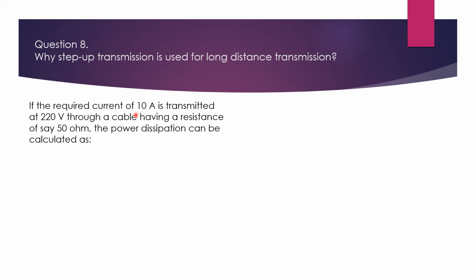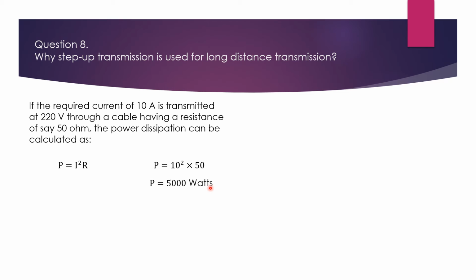If the required current of 10 ampere is transmitted at 220 volts through a cable having a resistance of, say, 50 ohms (I've taken a very small resistance for the current carrying cables), the power dissipation can be calculated as P is equal to I square R. With 10 ampere and a resistance of 50 ohms, this gives 5000 watts.